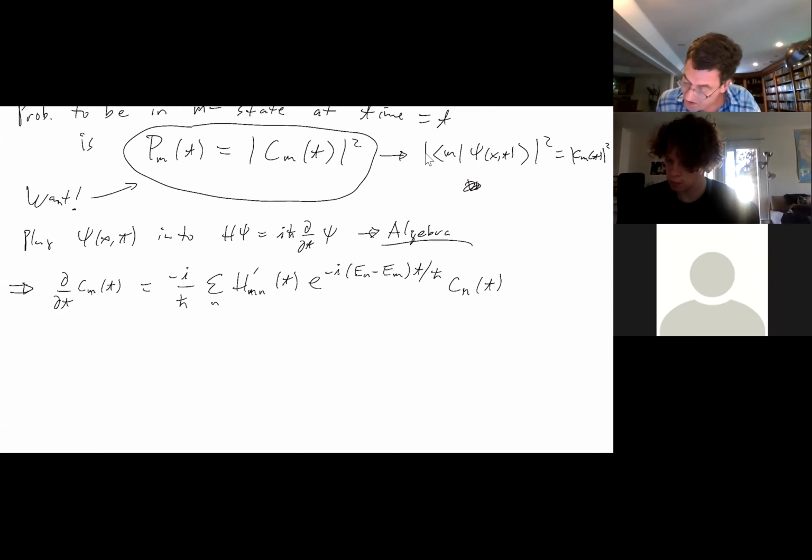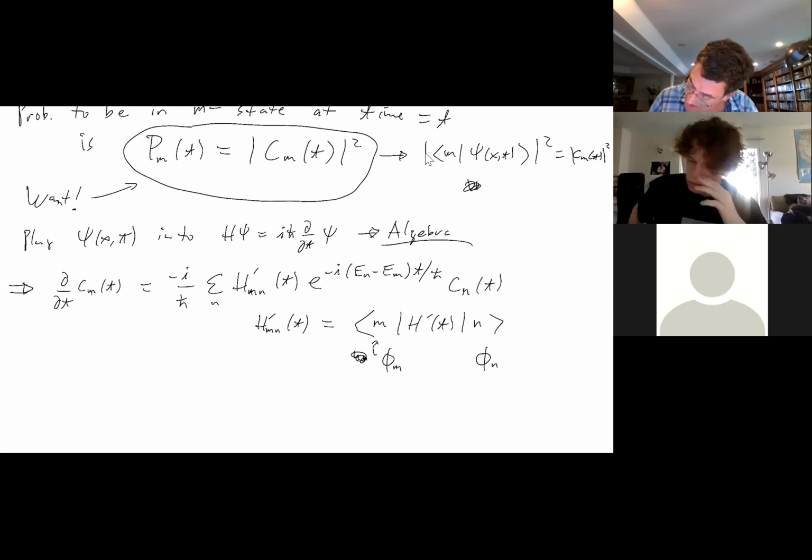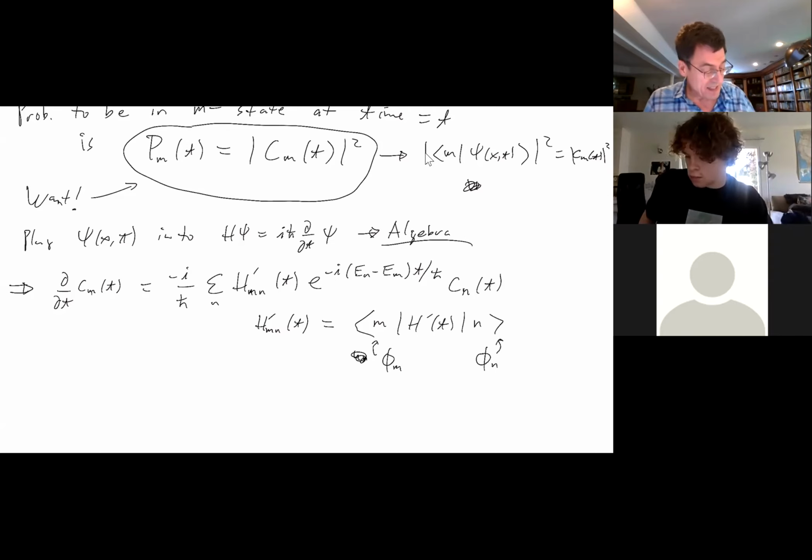There we have it. Where, of course, the definition of H prime mn of t is just the matrix element of the perturbation sandwiched between the unperturbed states m and n. I'll just say this is phi m, and this is phi n. Okay, so that's what we did last time.